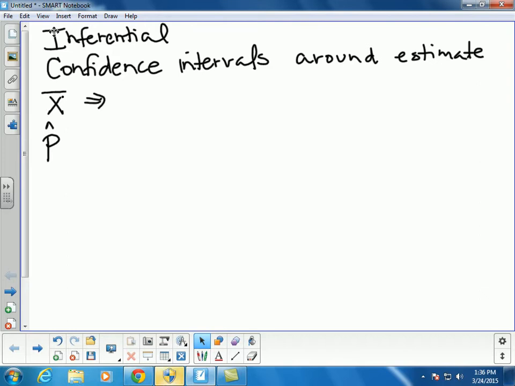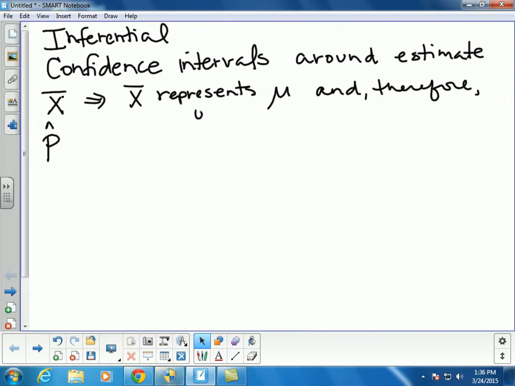What we're going to say is we have so much percentage of confidence such that we can say x bar represents mu, and therefore our sample represents the population.